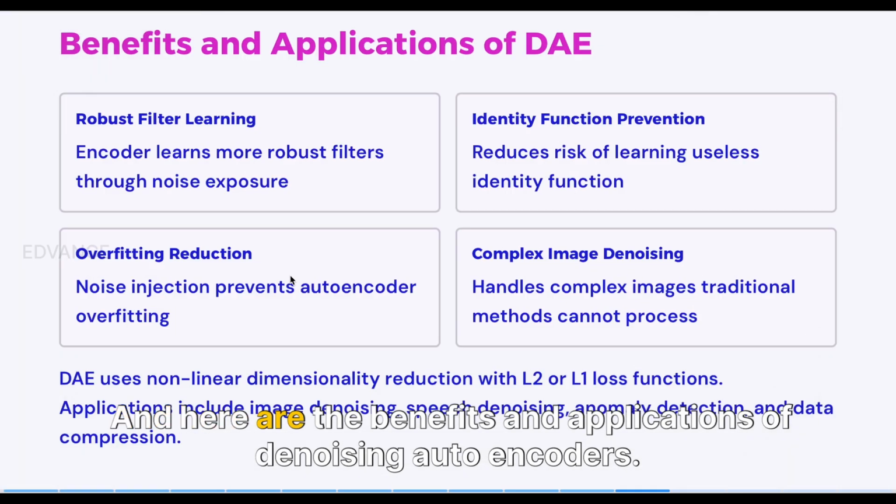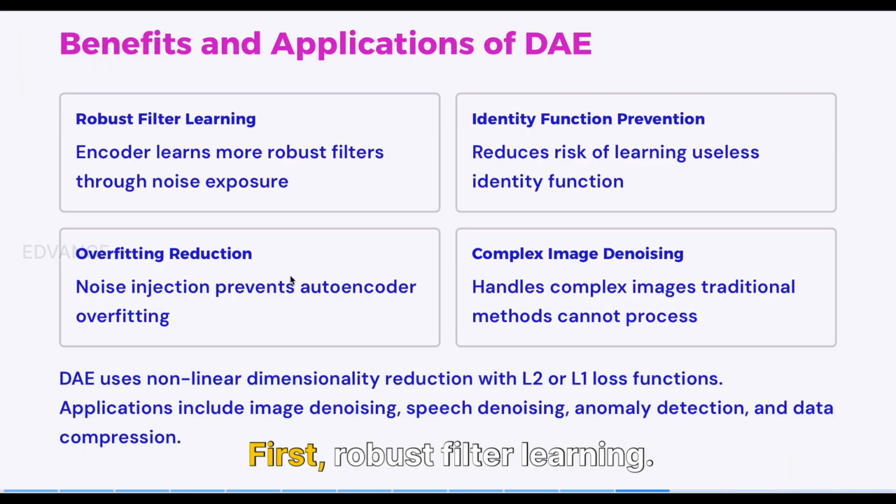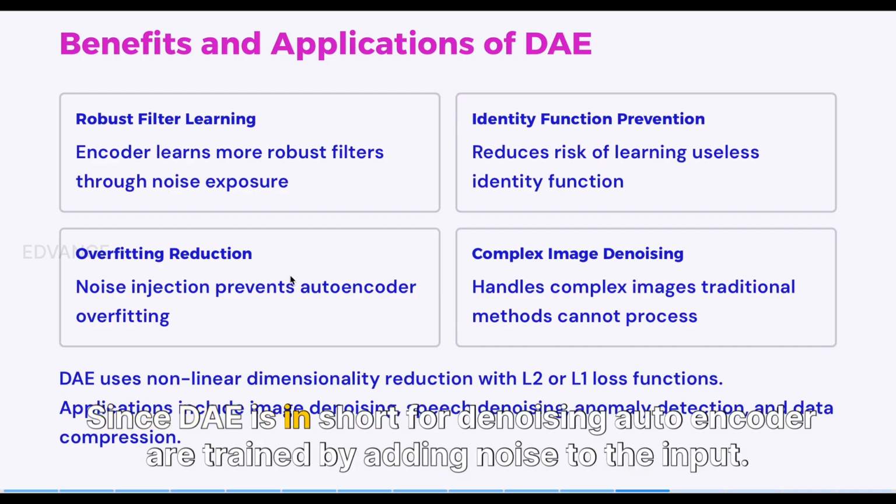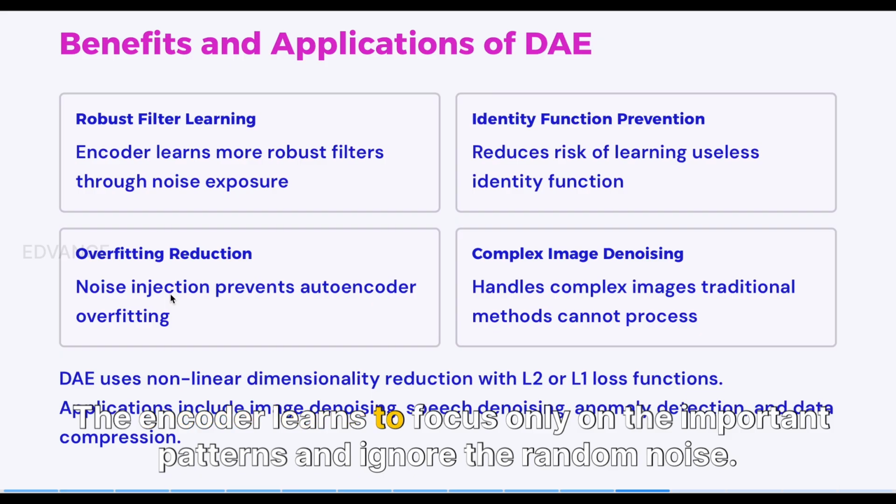And here are the benefits and applications of denoising autoencoders. First, robust filter learning. Since DAEs, short for denoising autoencoders, are trained by adding noise to the input, the encoder learns to focus only on the important patterns and ignore the random noise.